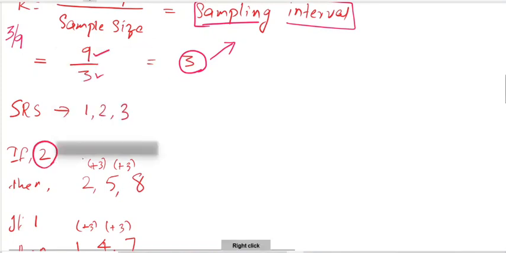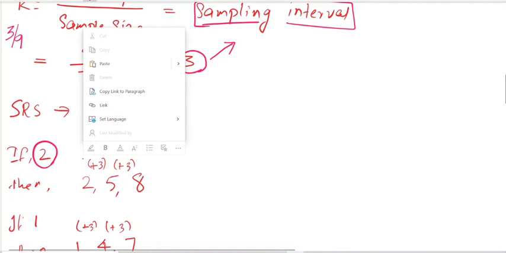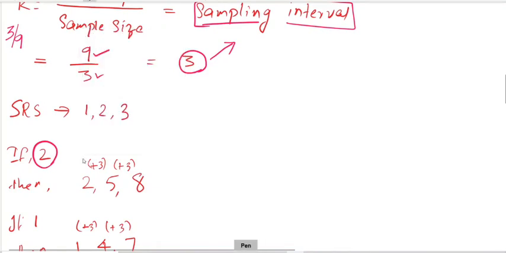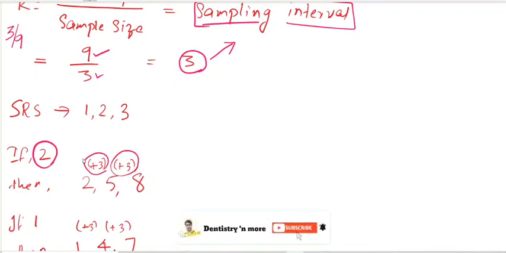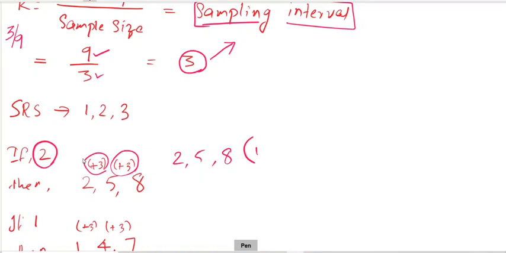What we do? First we select the number 2. Then we add the sampling interval here, so we get 5. Then we add the sampling interval, we get 8. So we will be picking the second person, the fifth person and the 8th person from 1 to 9.